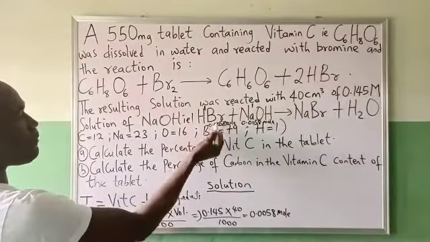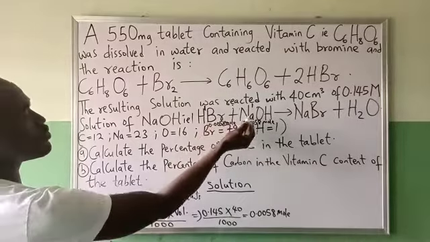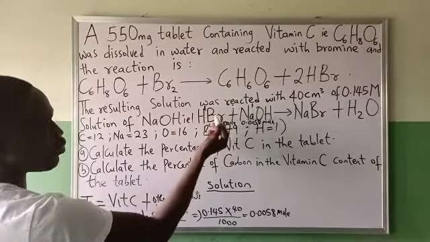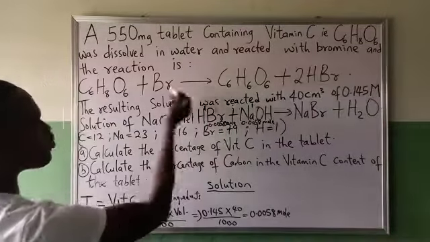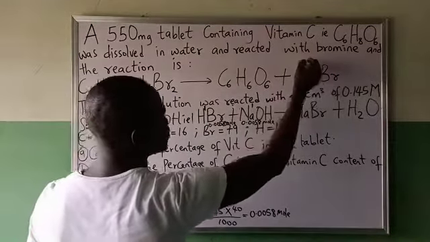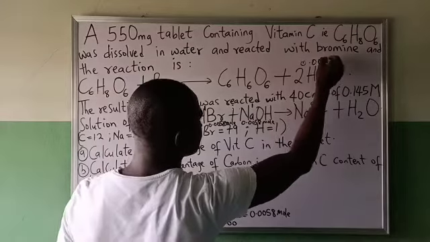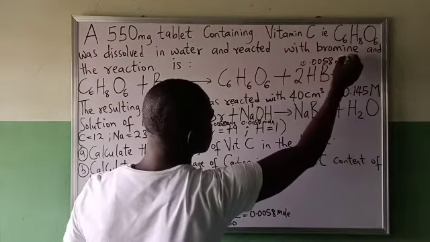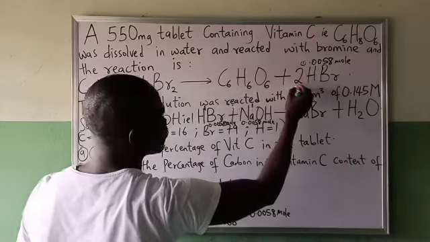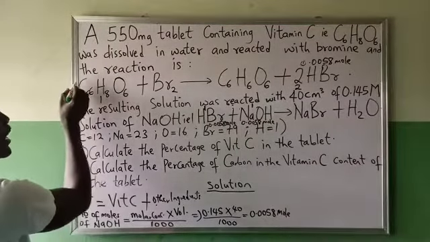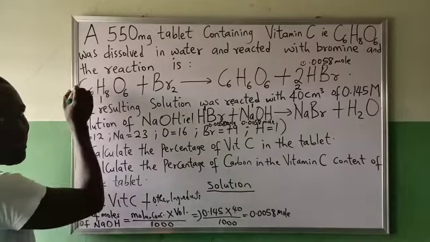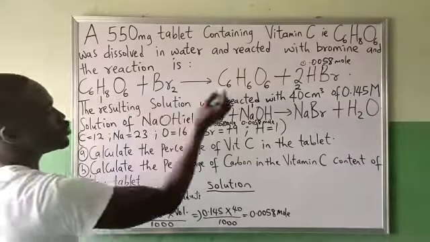Now we have gotten the number of moles of HBr that should react with this in the ratio of 1:1. We take this and take it to this equation which has HBr, 0.0058 mole. Now it is important to know that this is in the ratio of 2:1. There is an invisible 1 here for this vitamin C, 2:1.